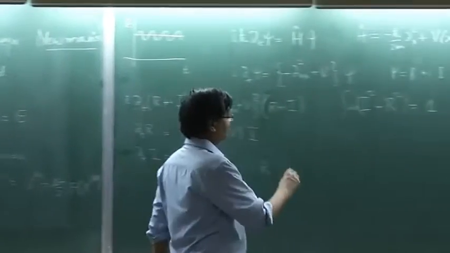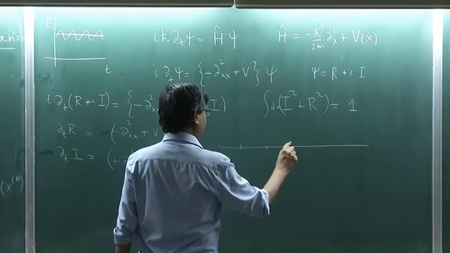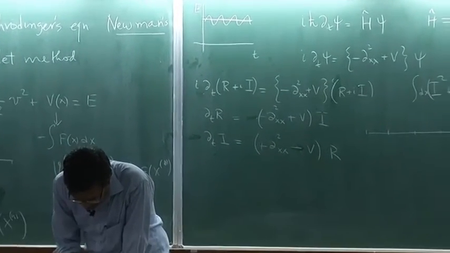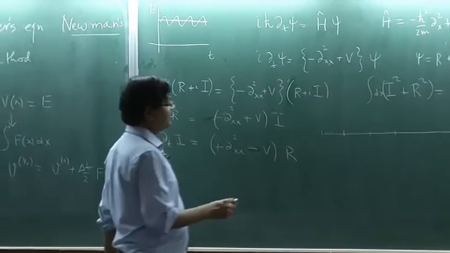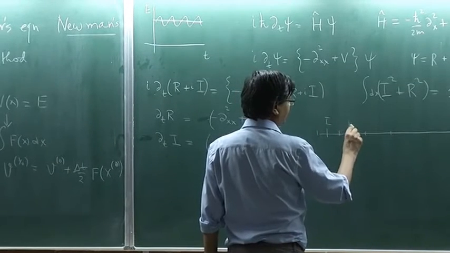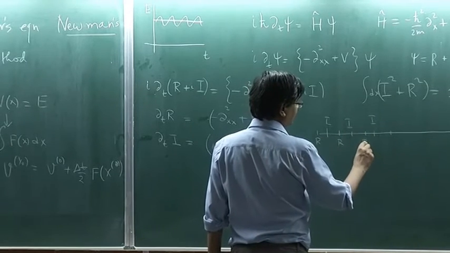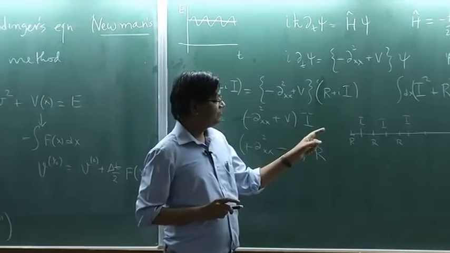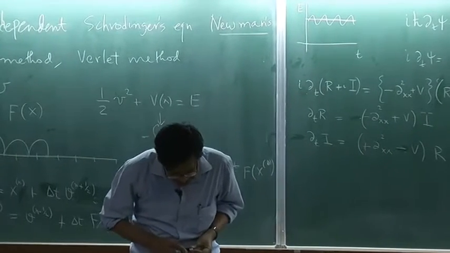So what I will do is store the imaginary part. Let me just make sure I am doing it right. Imaginary parts at midpoints here, and the real parts here. This is a function of time.